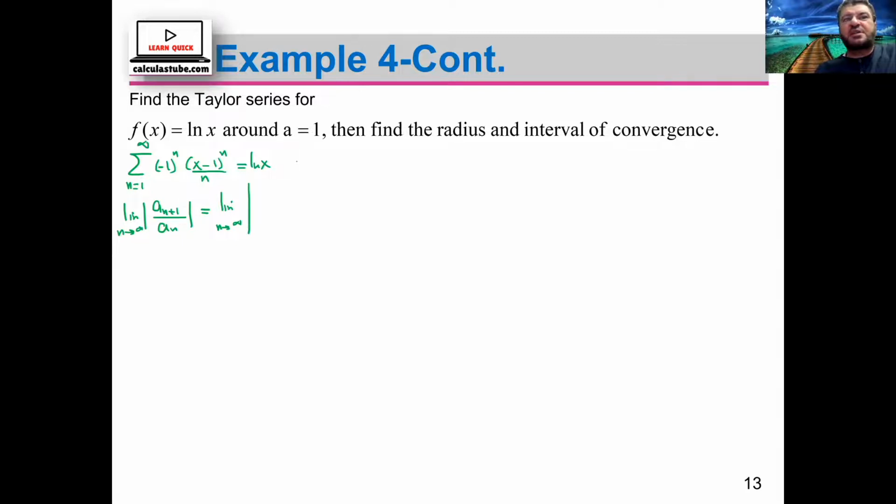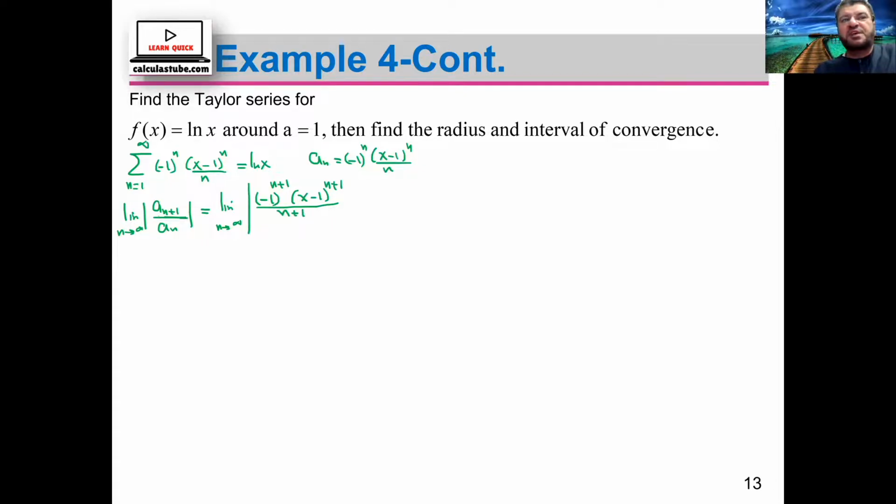This is our a_n. So a_n here is (minus 1) to the n, then (x minus 1) to the n over n. So let's look at a_(n+1). What will be a_(n+1)? I'm going to replace every n with n plus 1. So it's (minus 1) to the n plus 1 times (x minus 1) to the n plus 1 divided by n plus 1.